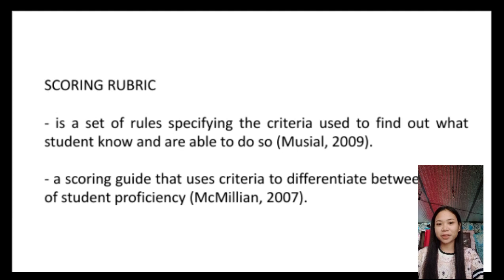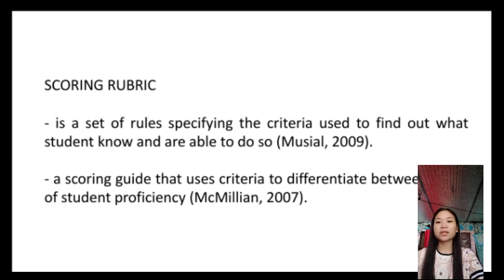So now let's start our discussion. We have here scoring rubric. What is scoring rubric? According to Mutual 2009, it is a set of rules specifying the criteria used to find out what students know and are able to do.